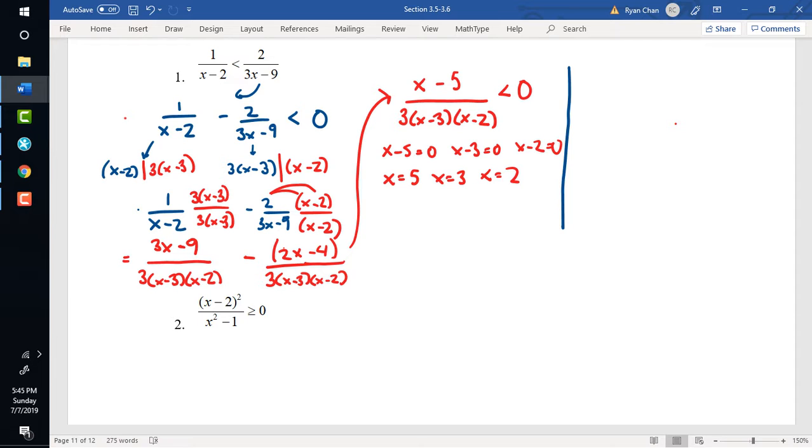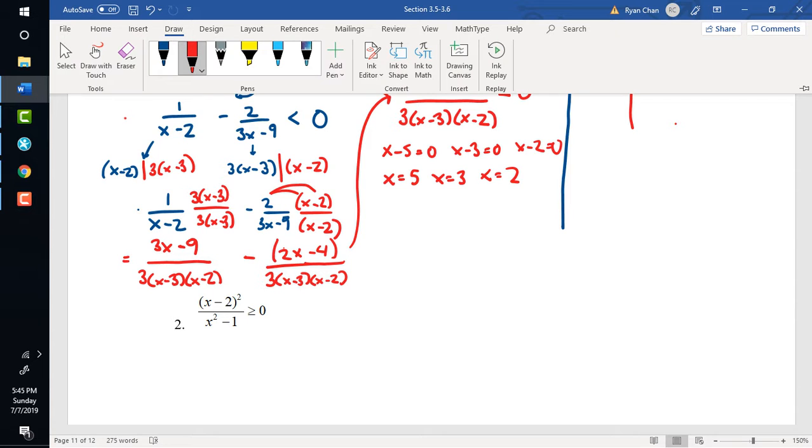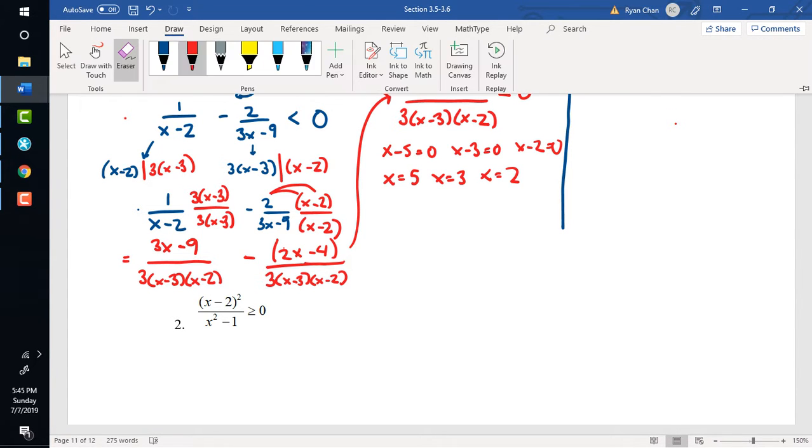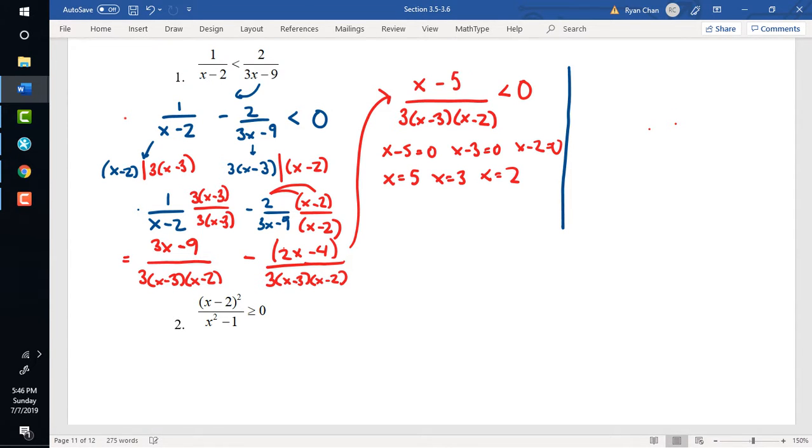I'm going to do the same thing. Make sure you go in order. So I'm going to do this vertical bar. So I have x is equal to 2. Let me actually shift this a little bit more. So I have x is equal to 2. I have x is equal to 3.